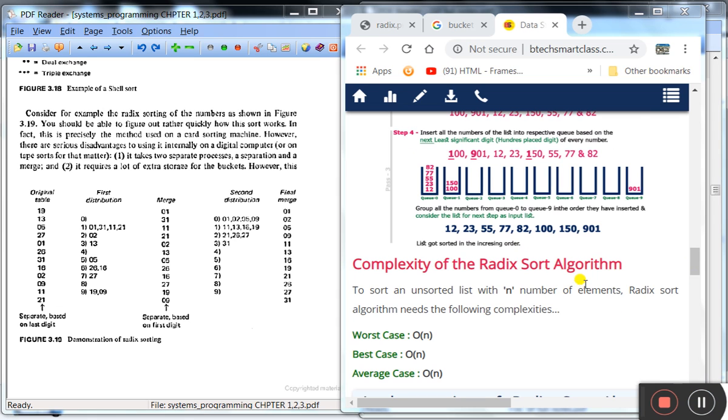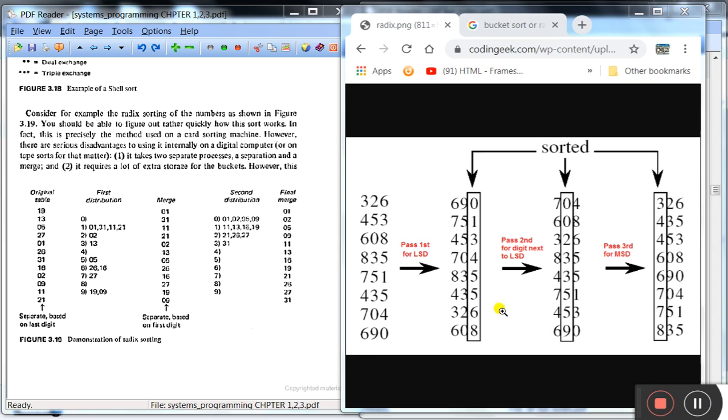Now, without buckets also we can understand the working of bucket sort or radix sort. Let us see that example. This is the example of radix sort. These are the given elements.